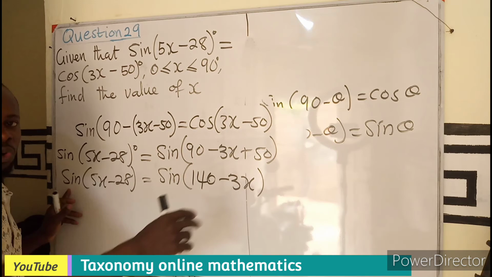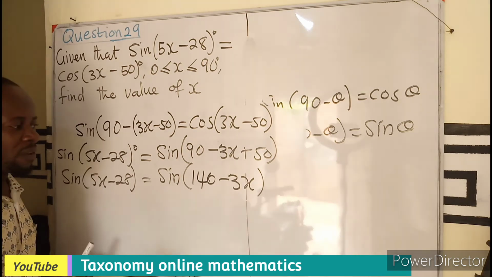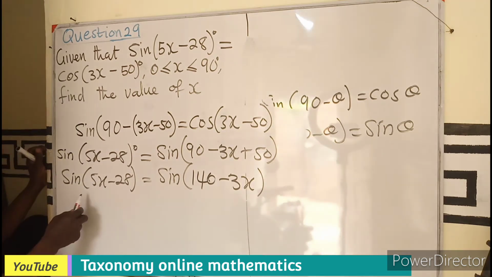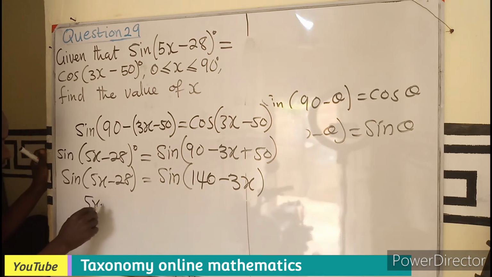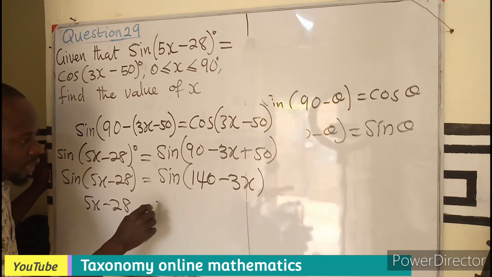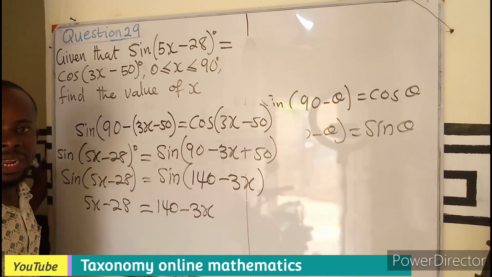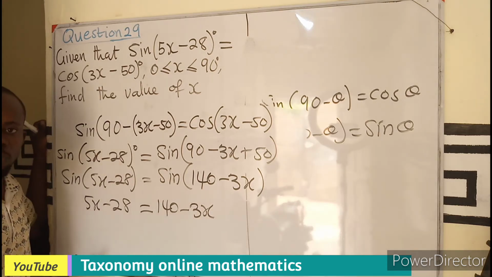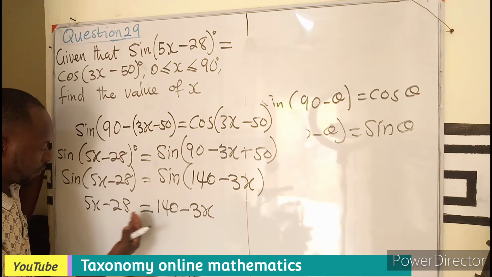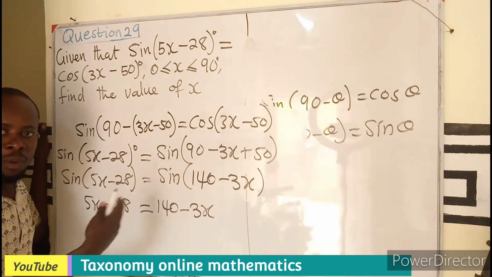So we can see that we have sine on both sides, so we can divide through by sine. Then you are just left with 5x minus 28 equals 140 minus 3x. This becomes a simple linear equation with variables of the same kind at both sides.